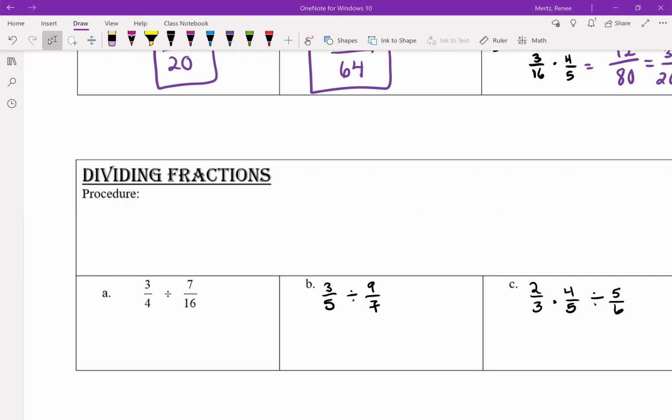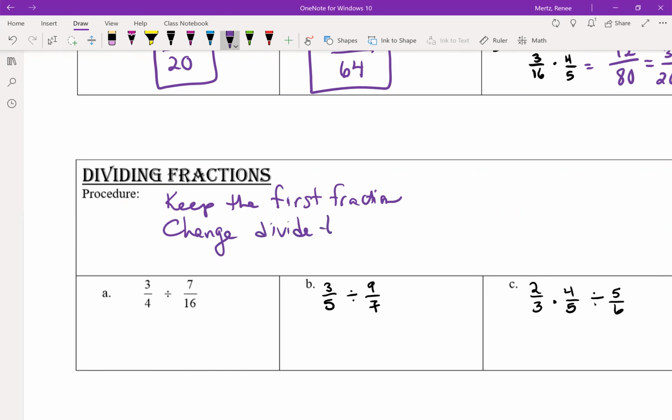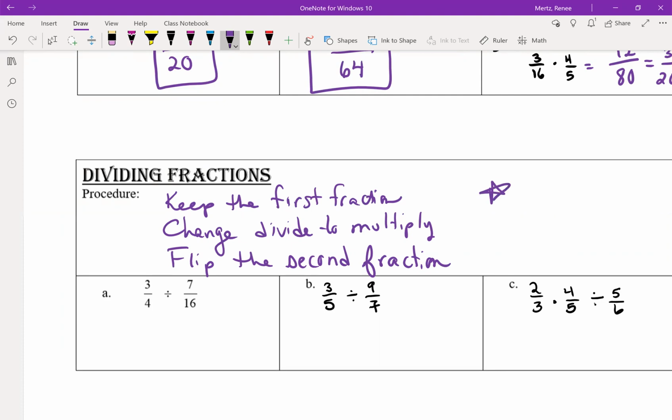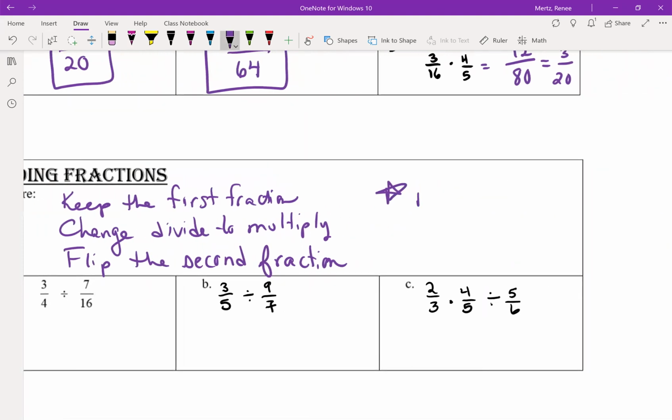So you keep the first fraction, change divide to multiply, and you flip the second fraction. You can remember that keep, change, flip, or you can just multiply by the reciprocal. So in more advanced math terminology, it would be multiplied by the reciprocal.